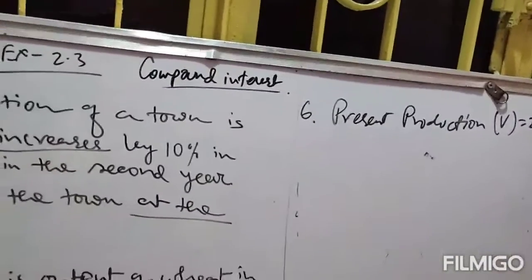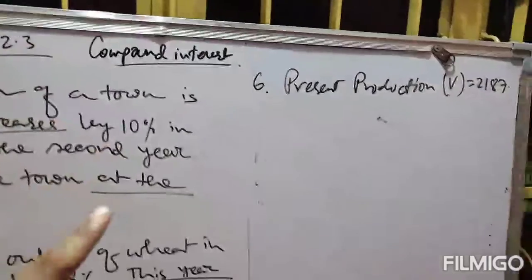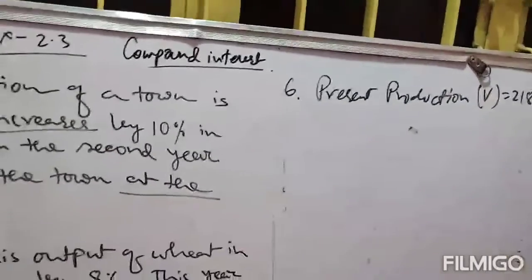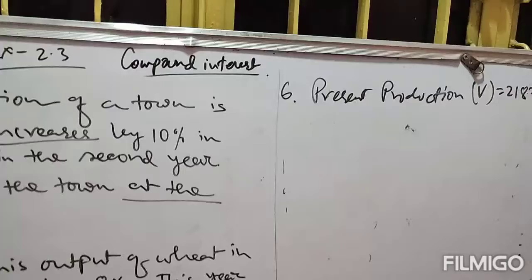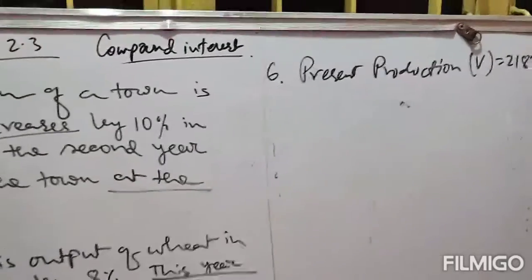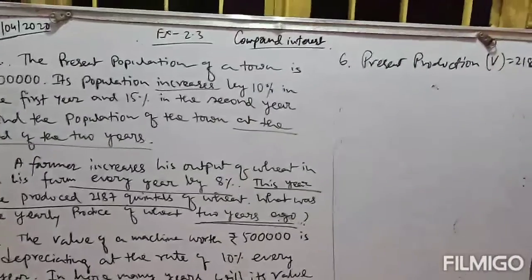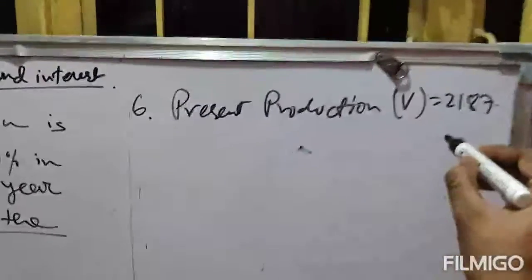That means in case of before and in case of after, V and V0 will not be the same. Just check this part carefully. So present production V equals 2187 quintals.